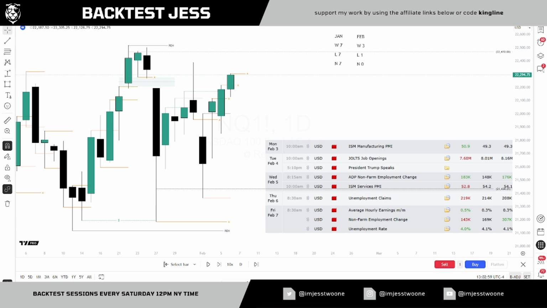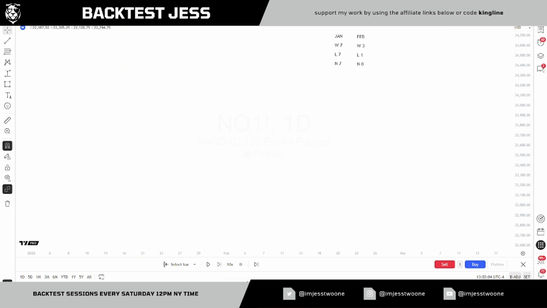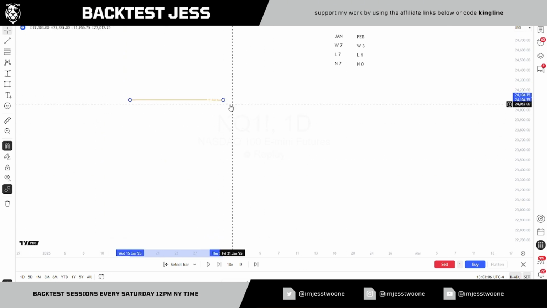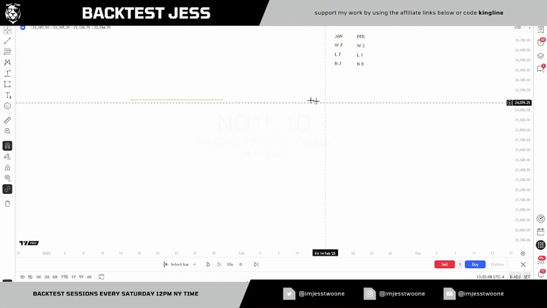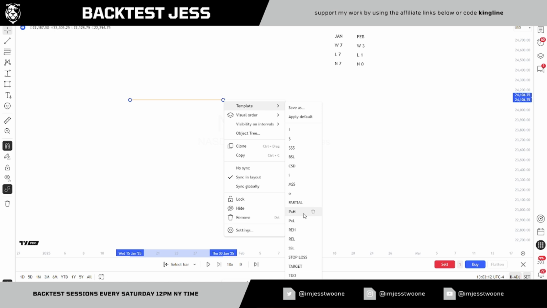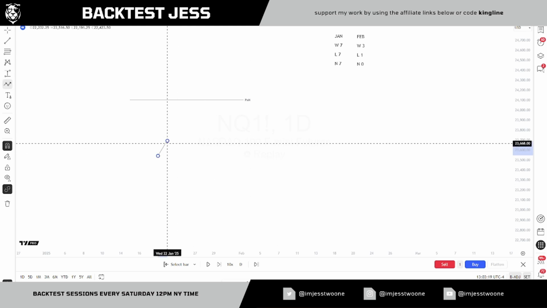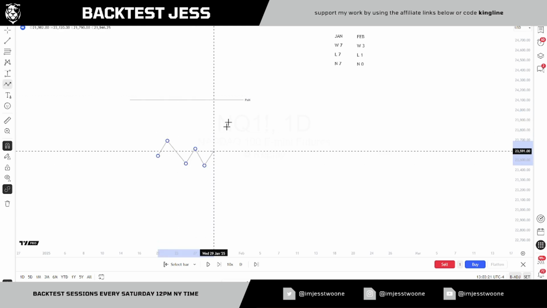For example, let me give you very simple, crude depictions here. We have previous day high here, and this happens pretty often. Asia opens up and just straight up tags previous day high right away.